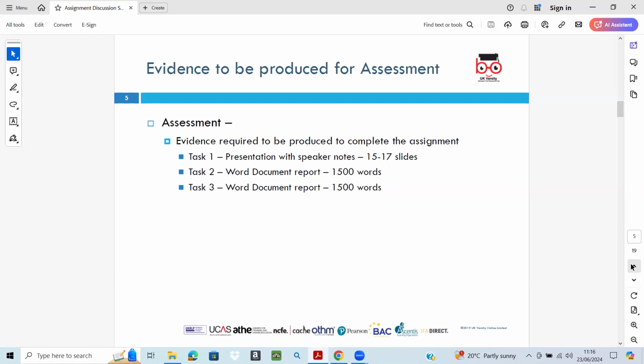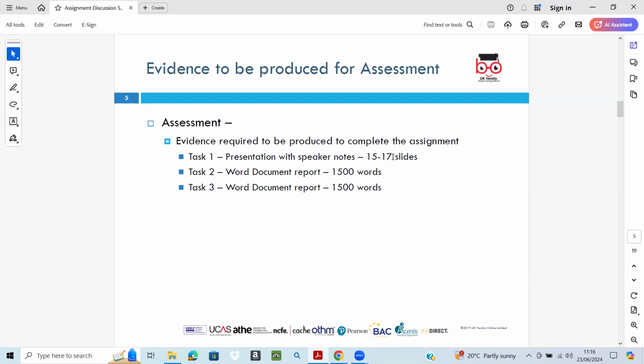Yes, I do understand. You don't have to worry about the sequence of it. Whenever we make an assignment, as I always say, we always need to focus first on the passing criteria. We will go in sequence. For example, here we have three tasks to cover. In Task one, we need to prepare a presentation with speaker notes.